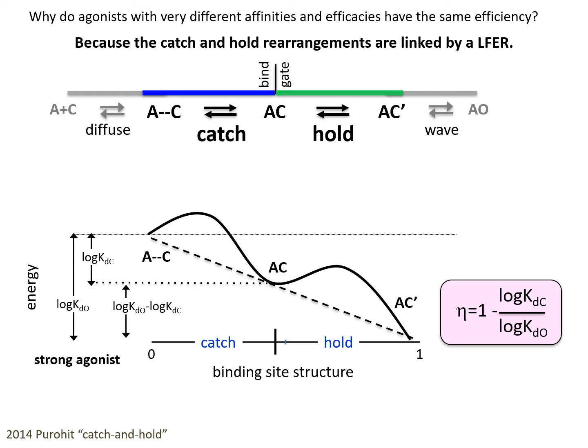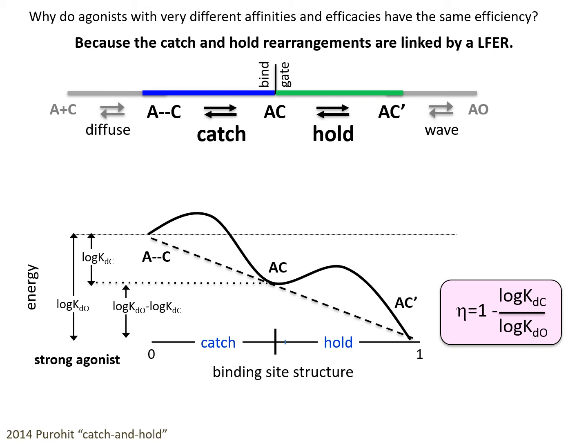And you can see that the energy change in the first hump, which is catch, is proportional to log KDC. And the energy change in the second step is proportional to the coupling constant energy change, which is log KDO minus log KDC.